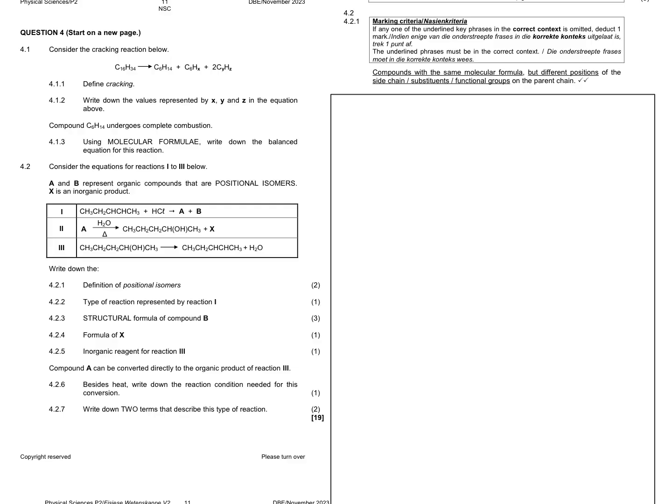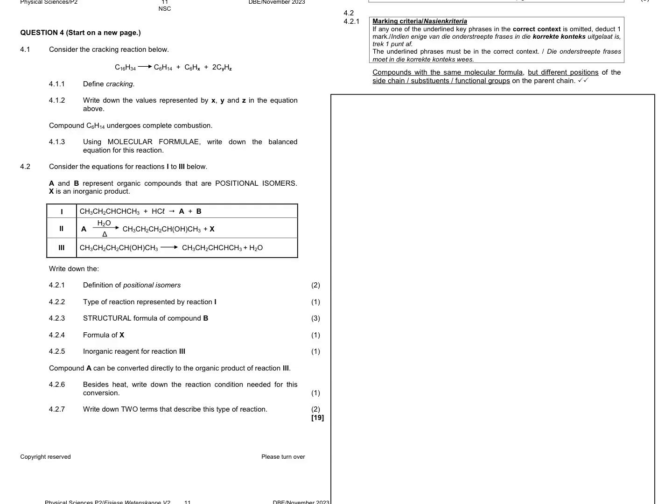Still 4 carbons, still an alcohol, but the number has changed from 1 to 2. That is a positional isomer. So you can have pentan-2-one and pentan-3-one. 5 carbons because it's pent. One means it's a ketone, but the one is 2 and the one is 3. That is a positional isomer.